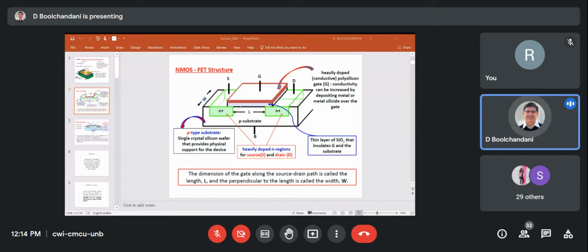So you are depositing impurity in the P-type substrate to make this N region. But because of the diffusion, they will diffuse sideways. So you get an overlapping region between the gate and source, and between the gate and drain. So your actual length gets reduced. This is what you'll see.